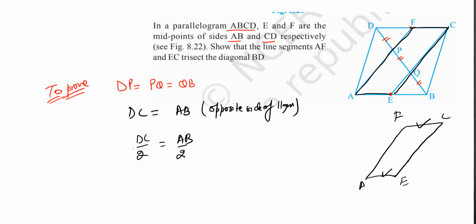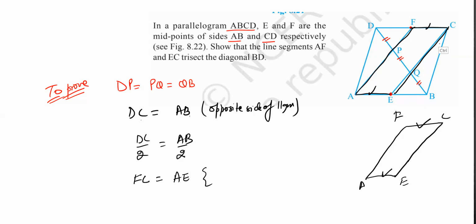So we can write here that DC is parallel to AB. It is given that this side is parallel to this side. So half of DC will be equal to half of AB. Now half of DC I can take as FC, because F is the midpoint. And half of AB I can take AE, this side and this side. I'm not choosing this one and this one. Why?